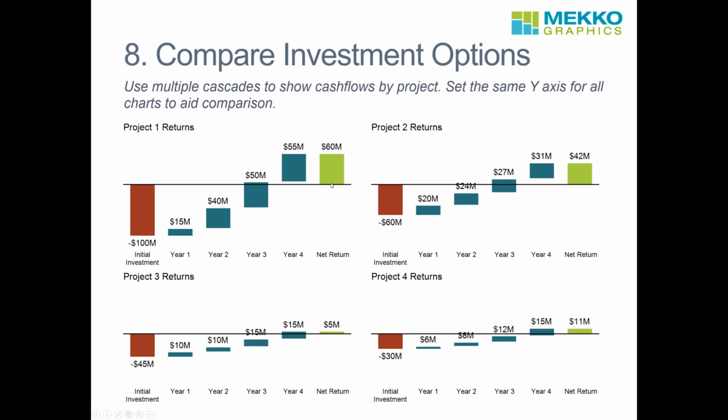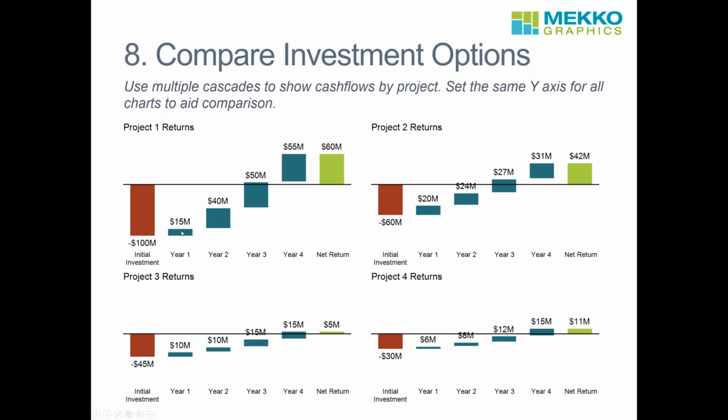And when I do that, if I line them up, you can see my x-axis aligned, and my project 3 is right under project 1, and the chart looks really nice. The other thing I did was I used a manual y-axis, which I set the same for each of the 4 charts, so the magnitude of each bar is the same on each chart.